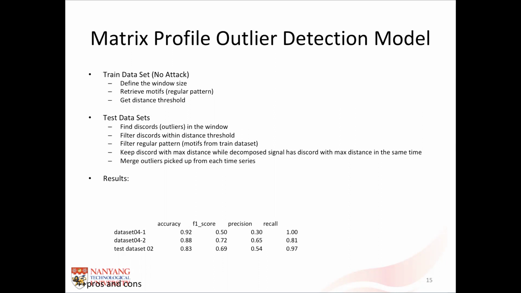Since the matrix profile is univariate, for this outlier detection model we first work on individual univariate time series, then merge and combine the detection results to give a model which considers all time series.